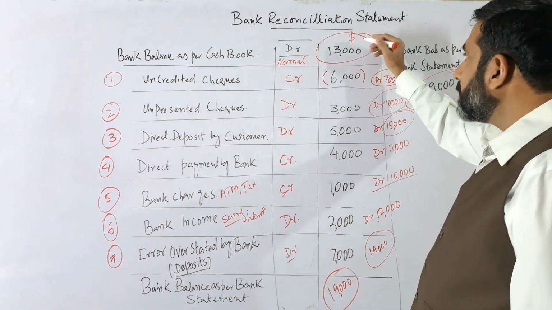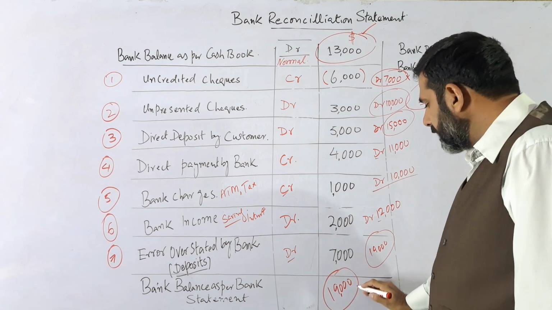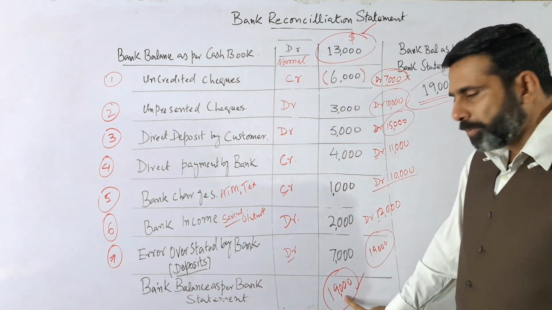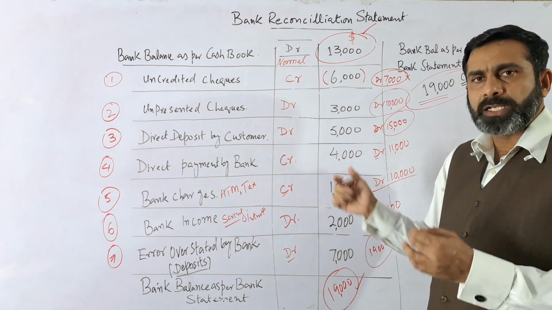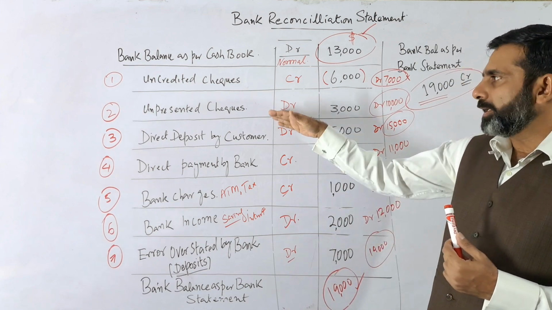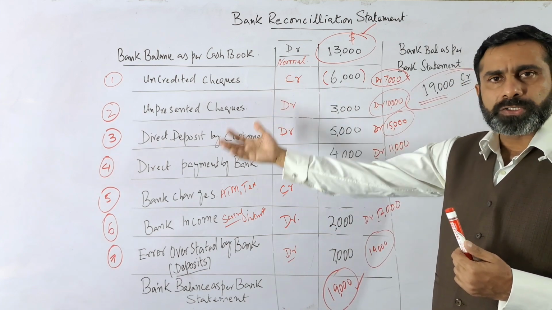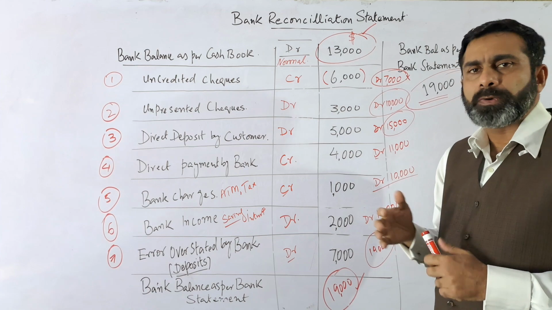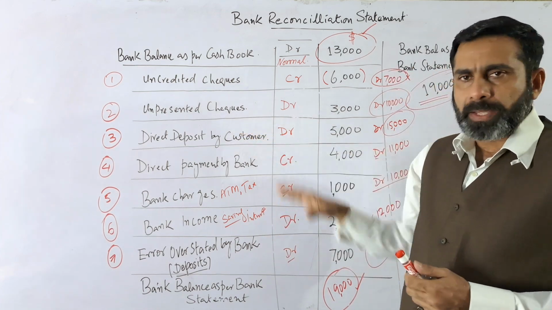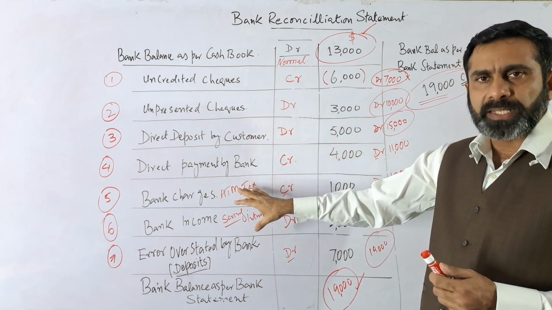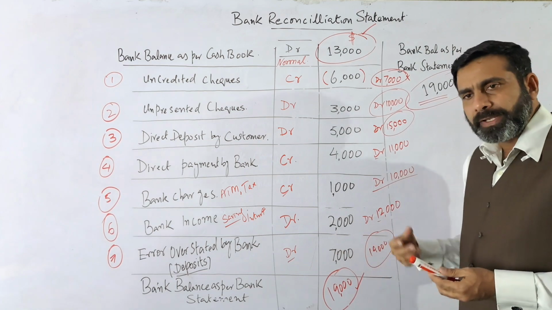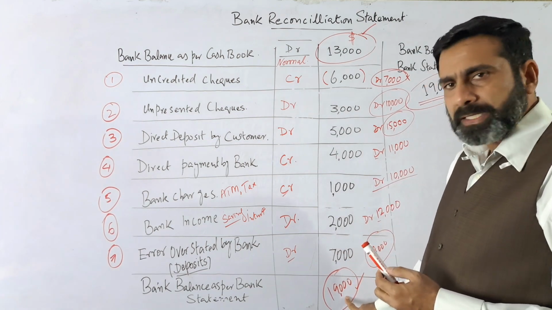So we started from 13,000, and the end balance as per the bank statement should be 19,000, because we have checked all the errors, amounts deposited but not yet credited, checks issued but still not presented in the bank, direct deposits, direct expenses, bank charges, and bank income. So all these things are recorded or reconciled, and we have got the balance of 19,000.